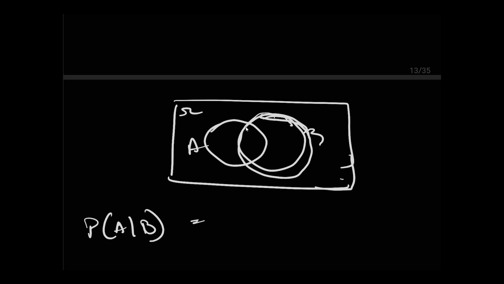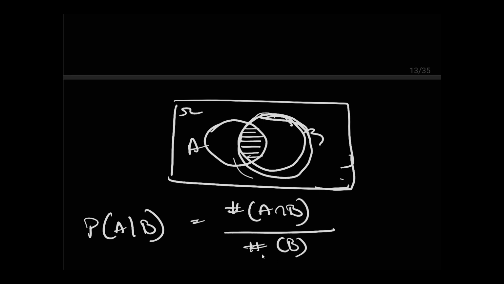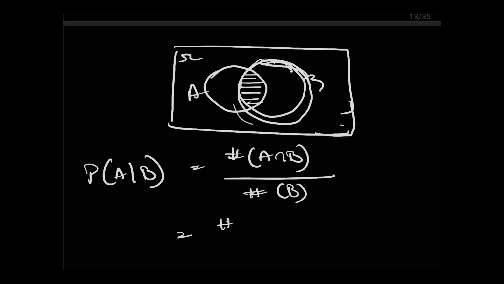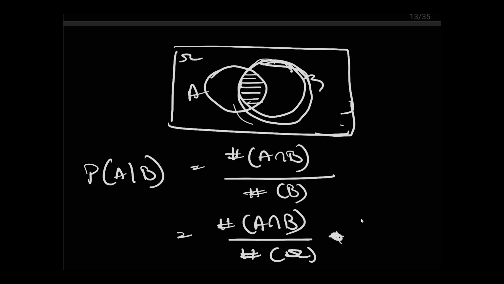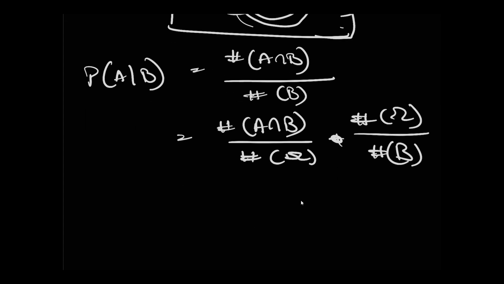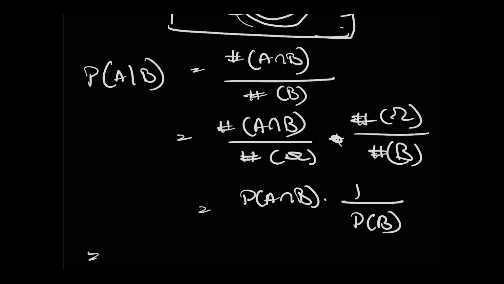And the probability of A when B occurred means the part is only this, and this can be represented by the number of elements in A intersection B. And the total sample space will be only B since B has already occurred, that is the number of elements in B. That equals number of elements in A intersection B by omega, into omega by number of elements in B. That is probability of A intersection B into 1 by probability of B. That implies probability of A given B equals probability of A intersection B by probability of B.